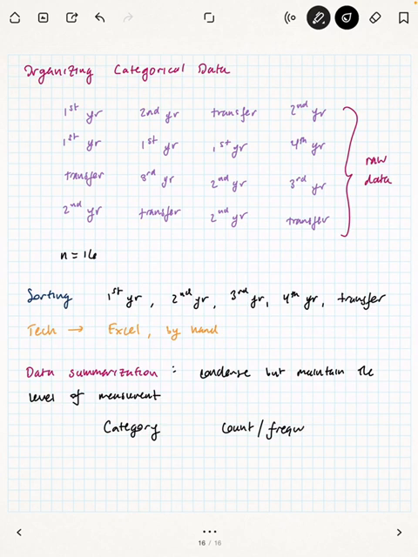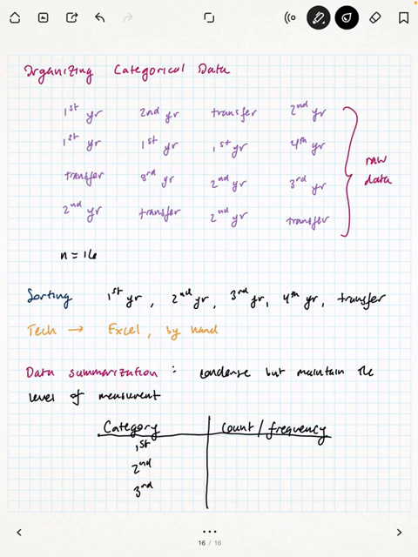So I'm setting up 2 columns here for my table, one of them is labeled category and the other one is labeled count/frequency. Count and frequency are interchangeable, okay? But what this means is for each one of our distinct labels, right? So first, second, third, I don't have enough room here, but I'll finish this on a separate sheet.